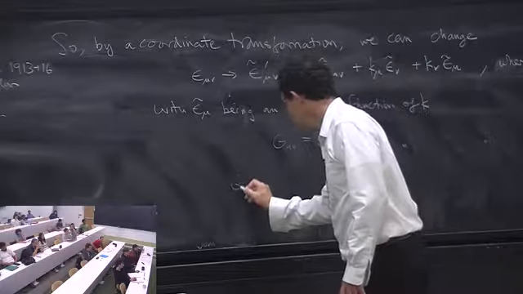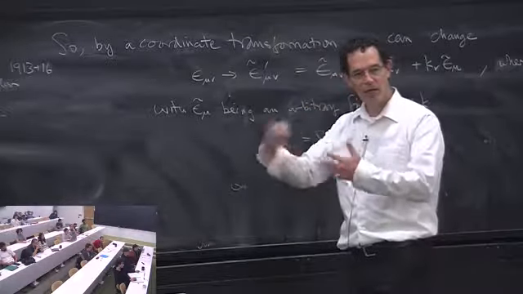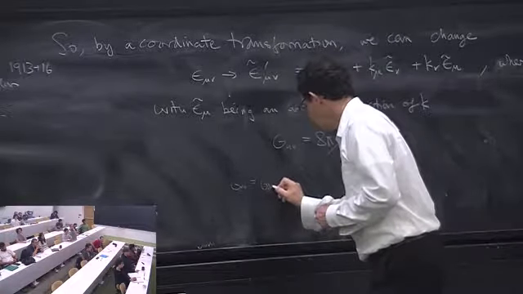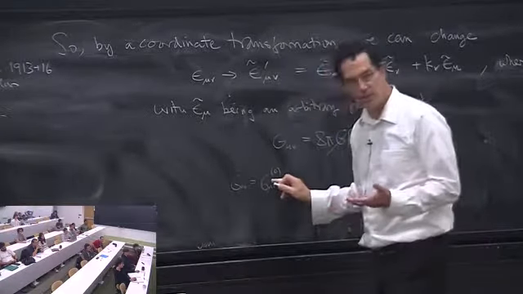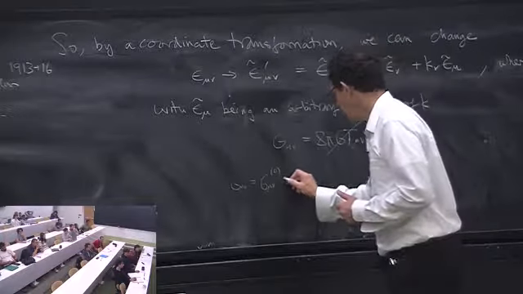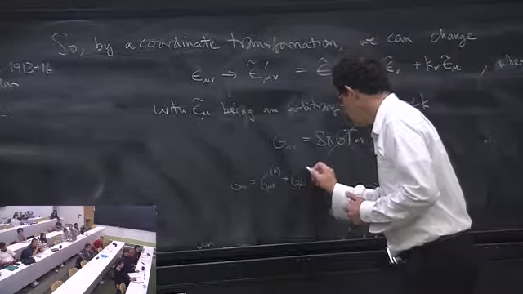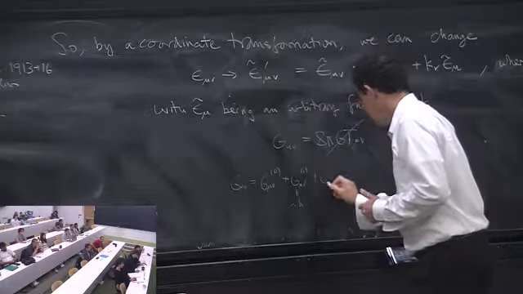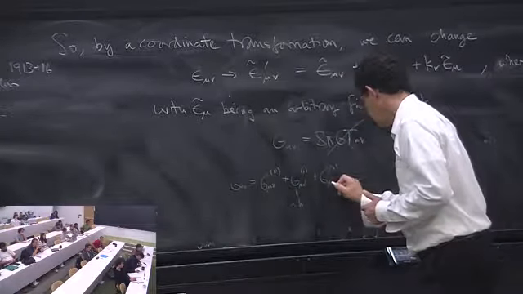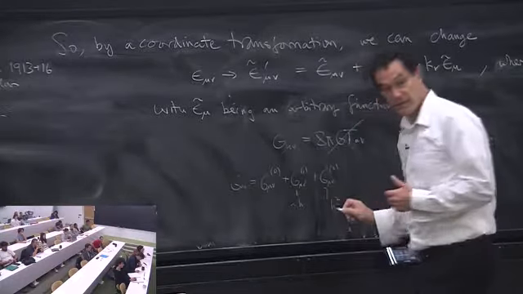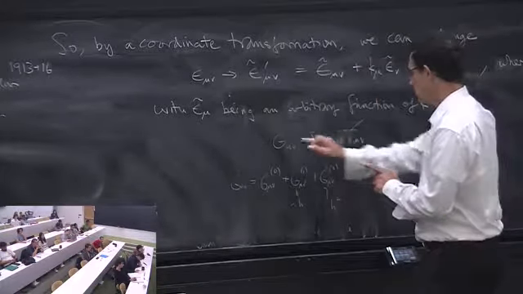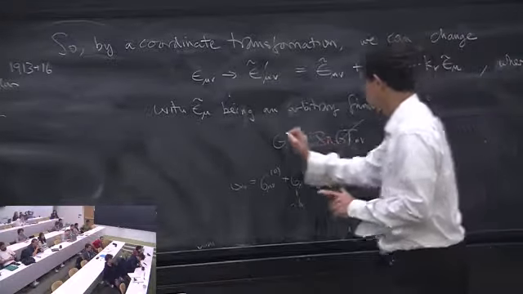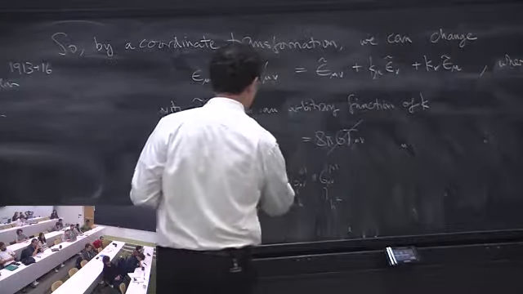I think of G mu nu as a series in powers of h. Okay? So G mu nu will be, of course, for flat space, this is 0. Then it is G mu nu at first order, this is of order h. Then I have G mu nu at second order, and this is of order h squared. Okay, so now what I do is take my Einstein equation and put this on the left-hand side. Okay?